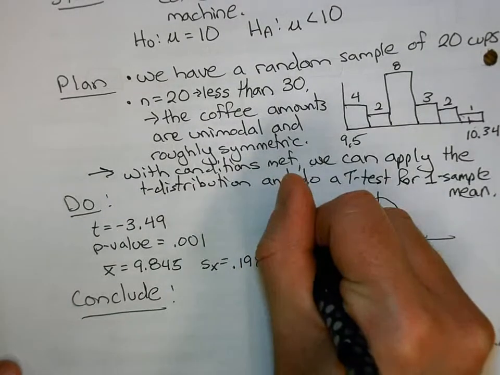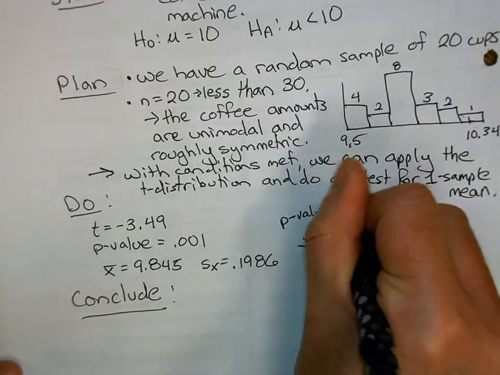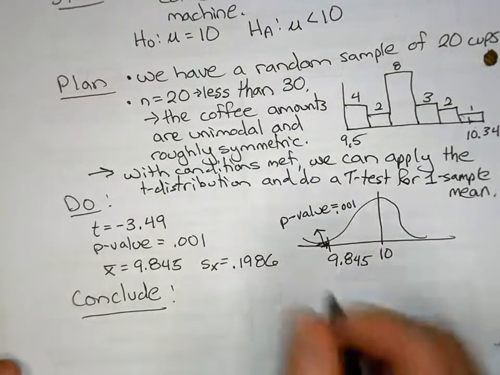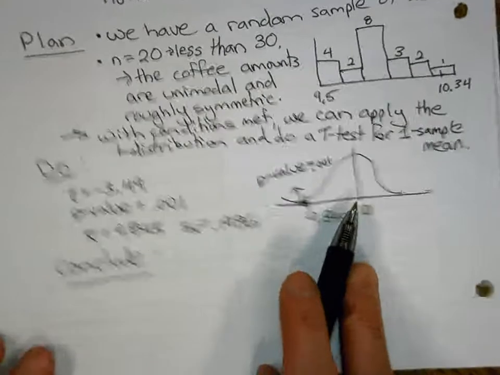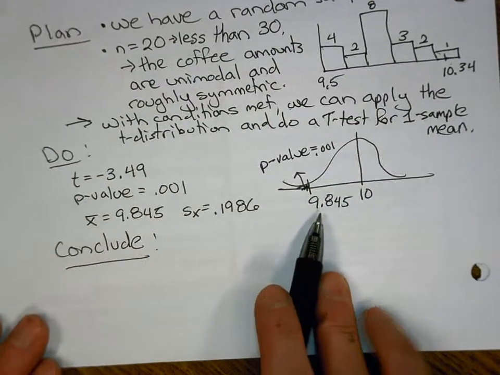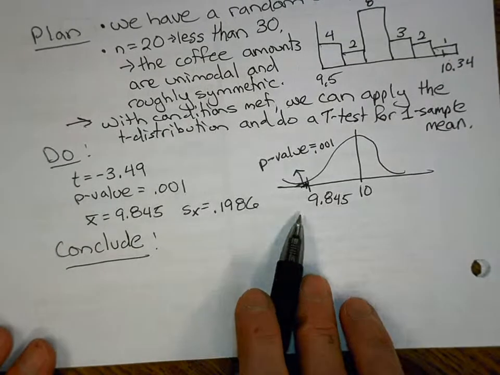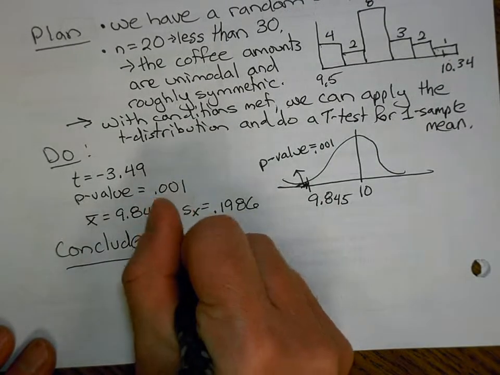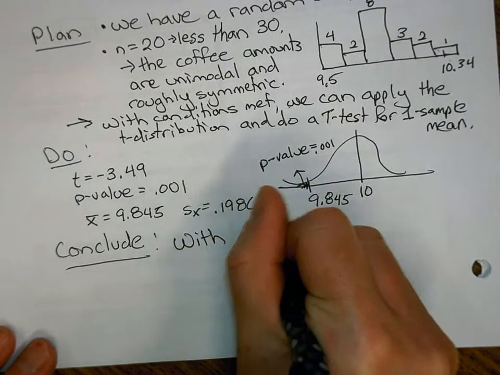Your p-value is really small, 0.001. And there's only a 0.1% chance of us getting an average of 9.845 ounces in a cup if the null is true.